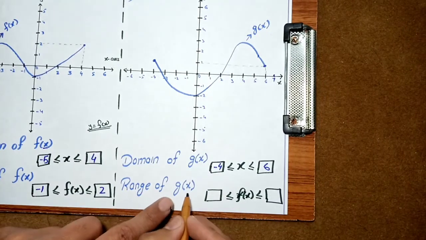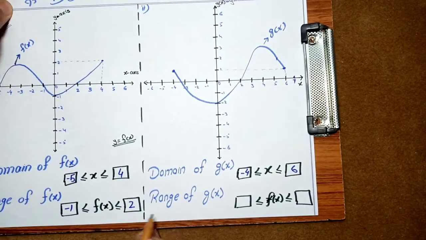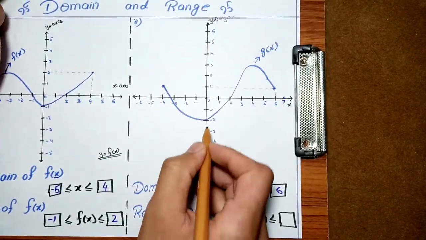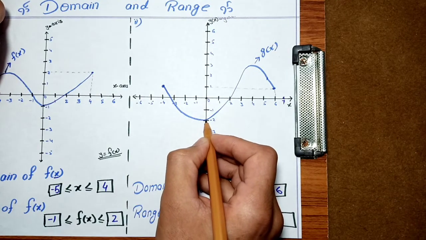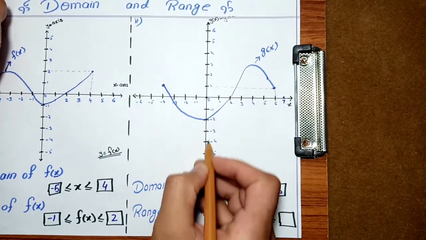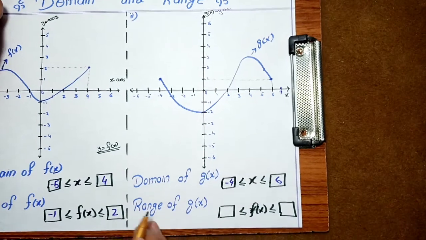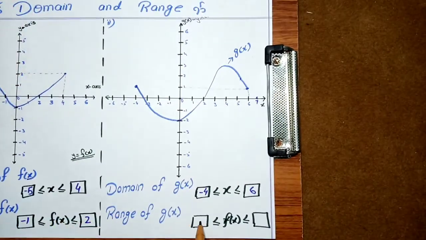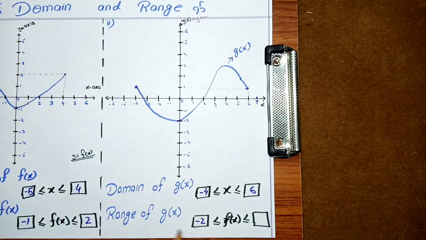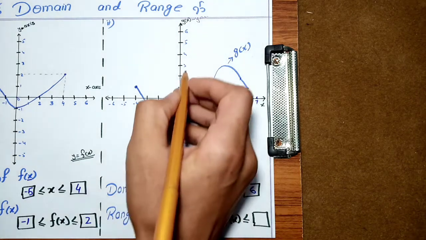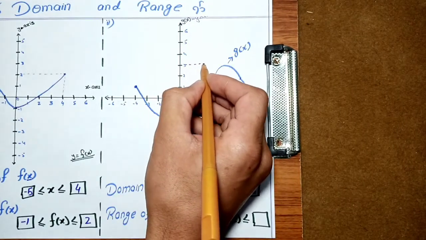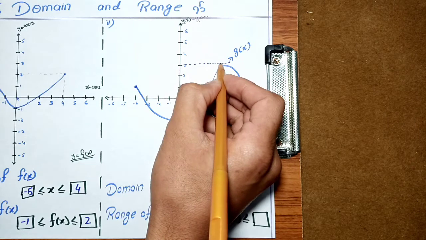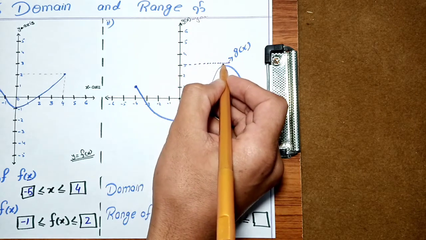To find the range of g of x, the minimum value of g of x, that is on the y-axis, is -2. So it should start from -2, and the maximum value of g of x is almost 3.